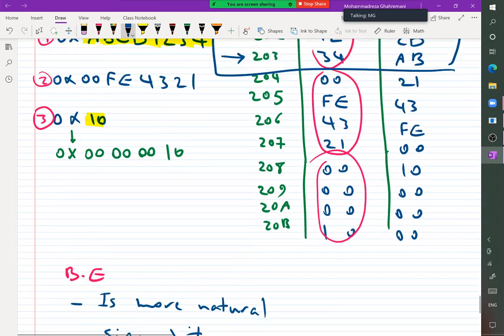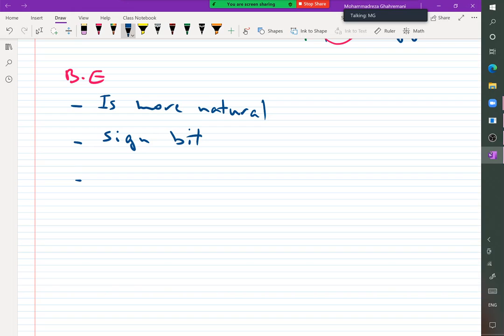And the next advantage is that integers and strings are stored in the same order. When we go from left to right, we store them in the same order, but in Little Endian, they are stored in reverse order.